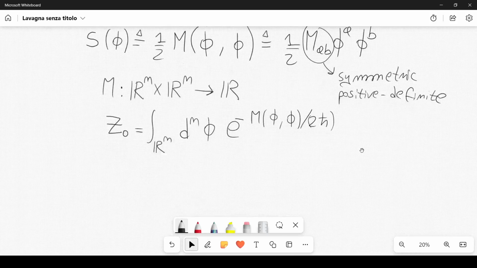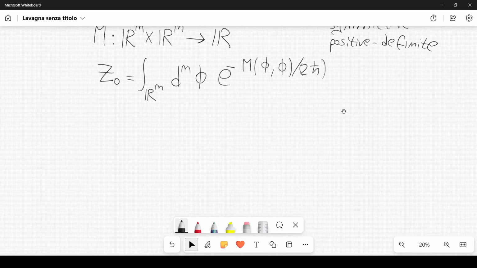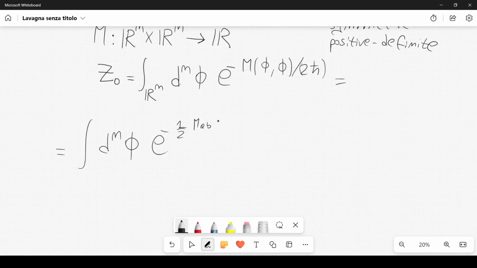So we can diagonalize it. That's basically the point. And in particular, we can rewrite this integral like this, d^n phi. I'm not going to write R^n here, but it's going to be implicit, e to the minus 1/2 M_AB phi A phi B divided by h bar here.